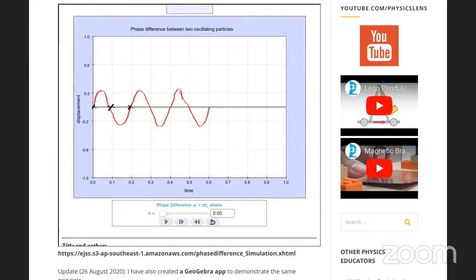So this is pi. This is 2 pi. So 3 pi on 2 should be somewhere in the middle here. So the wave will start there, and it will look something like that.